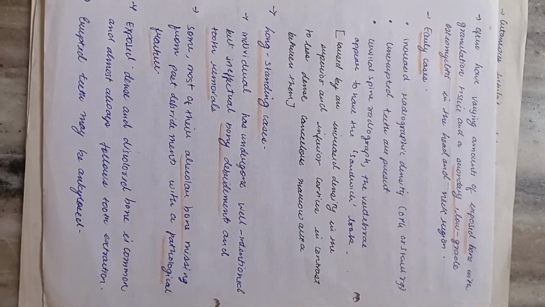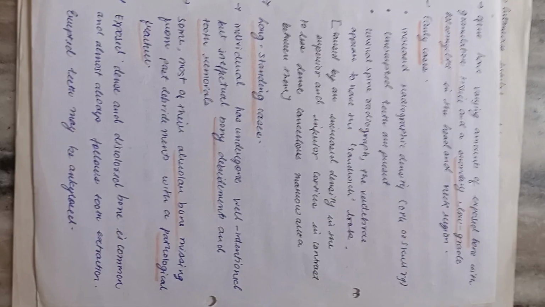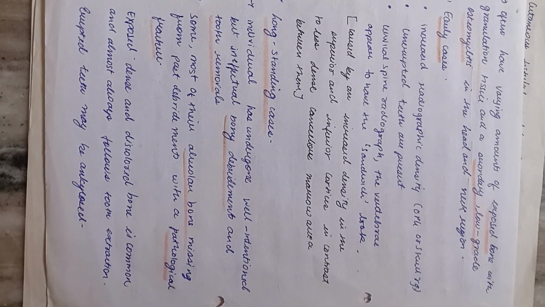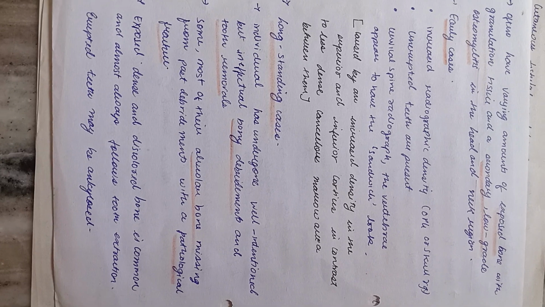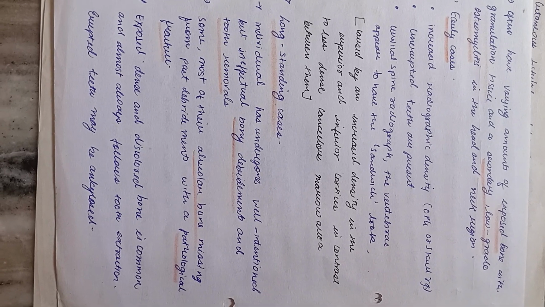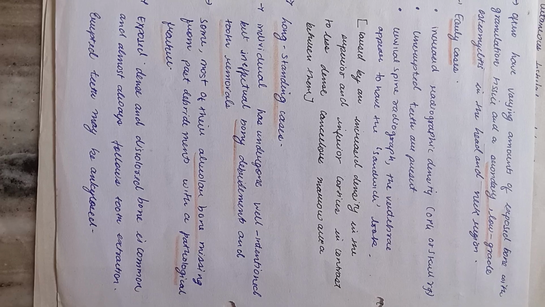Okay, what happens in early cases and what happens in long standing cases? In early cases, increased radiographic density is seen in OPG or skull radiographs. Unerupted teeth are present.